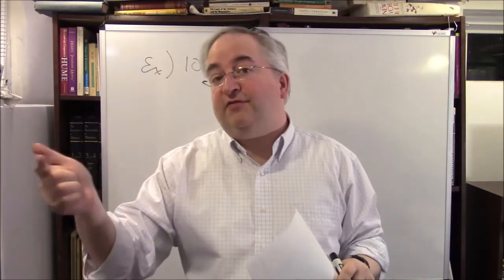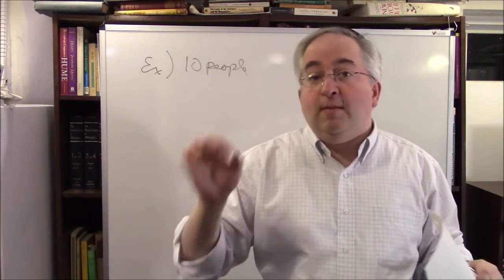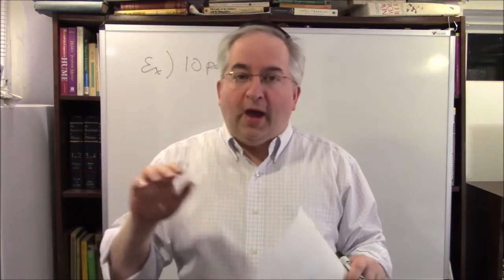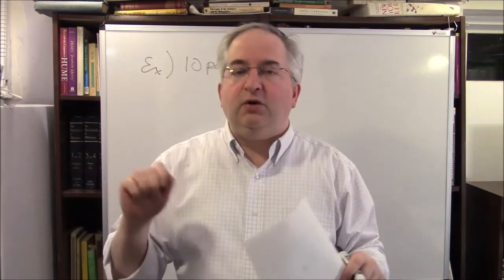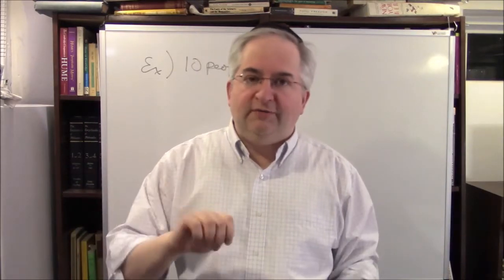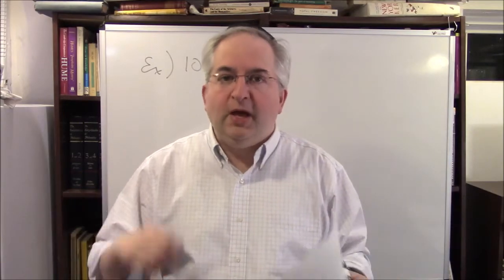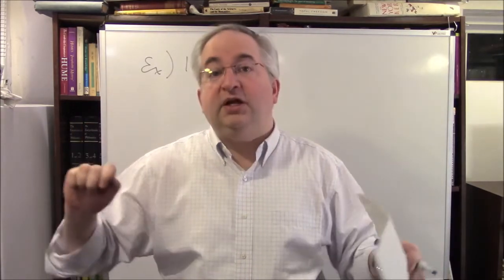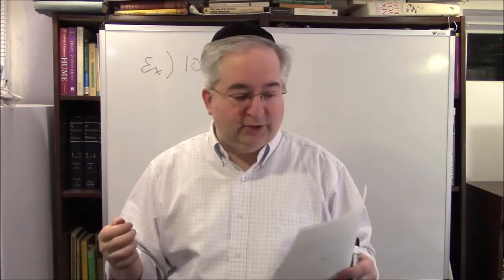Not a president, a vice president, and a treasurer, but a 3-member committee where I don't have a hierarchy, I don't care who's chosen which. It doesn't matter how you choose them. I want that to be considered irrelevant. In other words, the order is irrelevant.